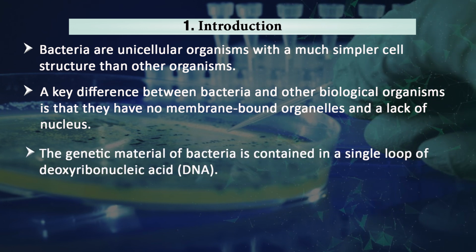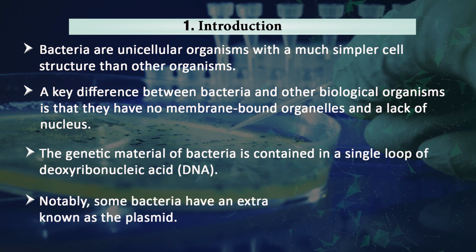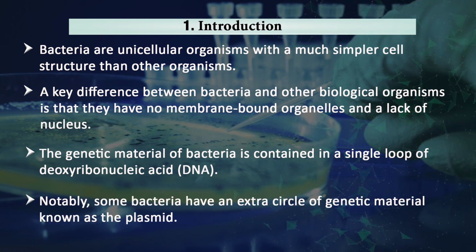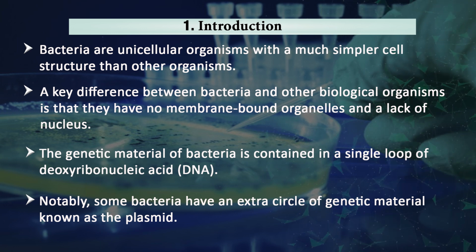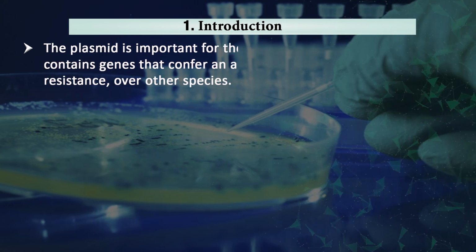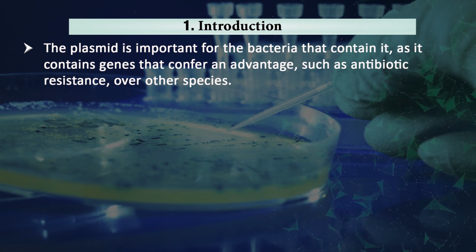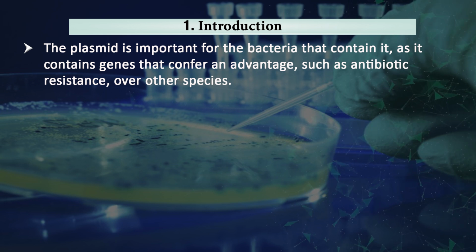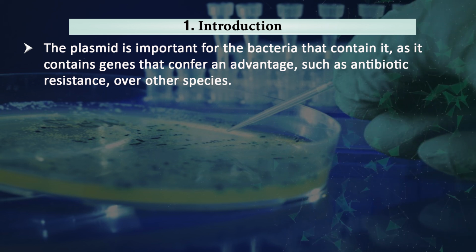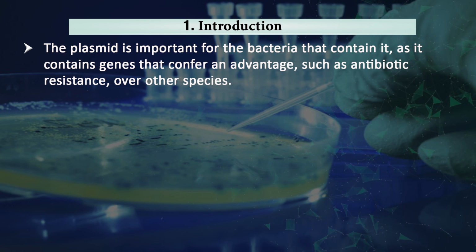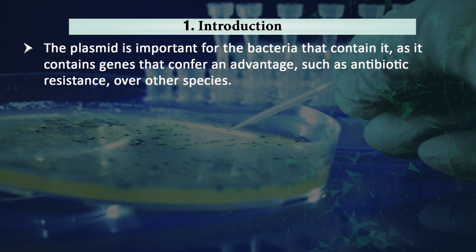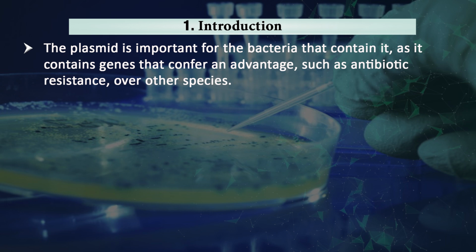The genetic material of bacteria is contained in a single loop of deoxyribonucleic acid. Notably, some bacteria also have an extra circle of genetic material known as the plasmid. The plasmid is important for the bacteria that contain it, as it contains genes that confer an advantage, such as antibiotic resistance, over other species.